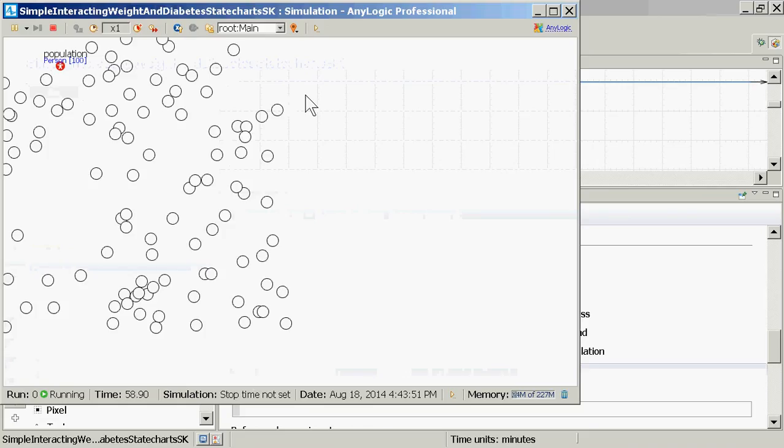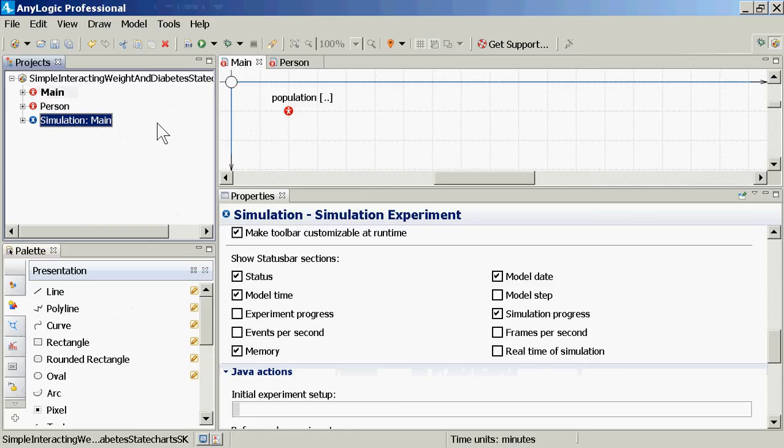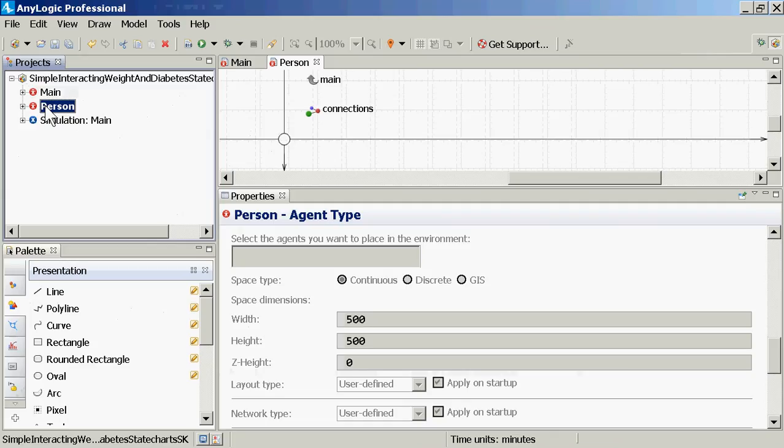So, folks, we have this population created. Now we're going to introduce something new here. We're going to go to person, and we're going to add a state chart.